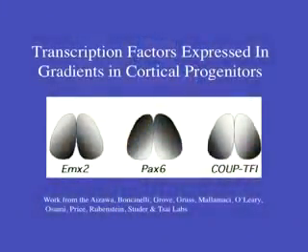I introduced the idea of molecular gradients in the developing cortex, and it's recognized that some of the major transcription factors that pattern the cerebral cortex are all expressed in bidirectional gradients. For instance, EMX2 is expressed high caudally and low rostrally, but also high dorsally and low ventrally.